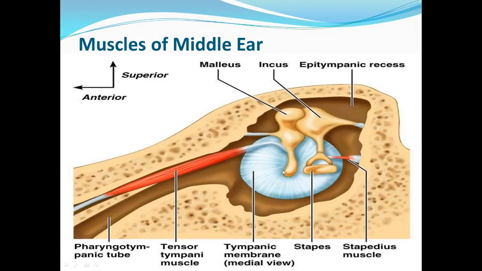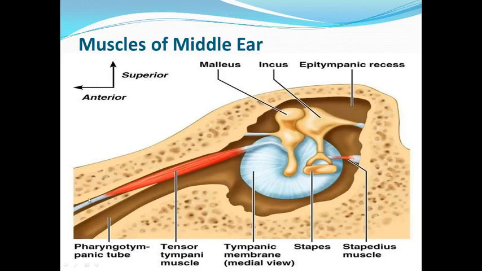The high pitched sounds basically damage the internal ear. So these two muscles simultaneously act to damp these high pitched sound waves so that the internal ear can be protected. Now, first of all, we will discuss the tensor tympani.